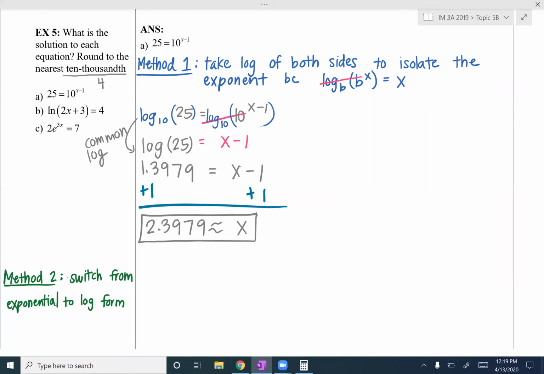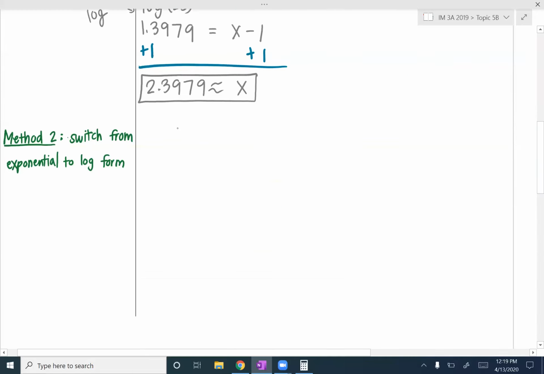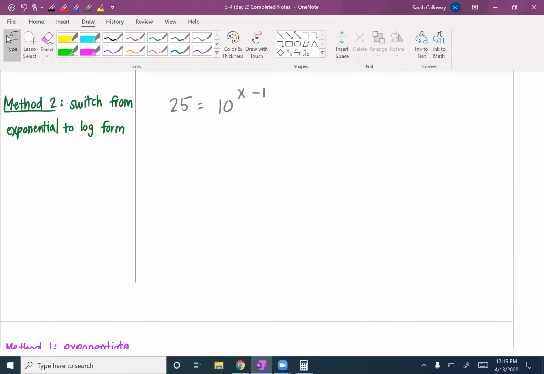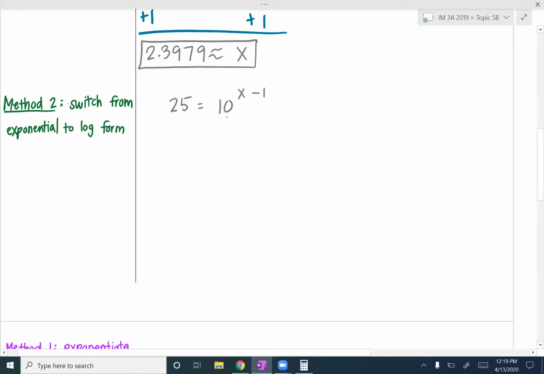The next method is where we are just going to use the idea of switching from exponential to log form to solve. So I'm going to rewrite the problem. So 25 equals 10 to the x minus 1 power. So rather than taking the log of both sides, I'm going to switch from exponential form to log form. So my base is 10.